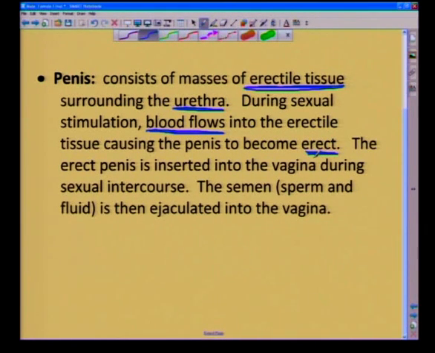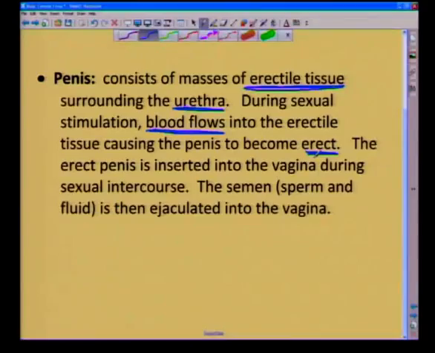Only when it is erect does it shut off the bladder so that there is no possibility of urinating during ejaculation. It is also then able to be inserted into the female so that the sperm can flow through the cervix, into the uterus and into the fallopian tubes, because fertilization occurs in the female's fallopian tubes, which we're going to cover now.